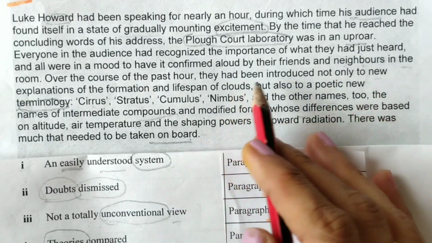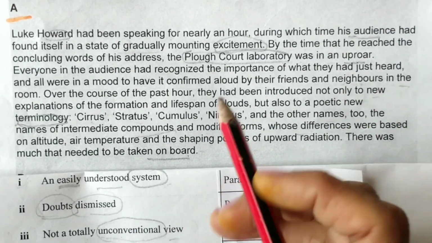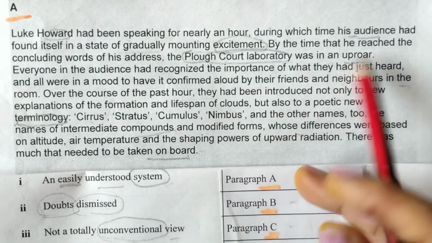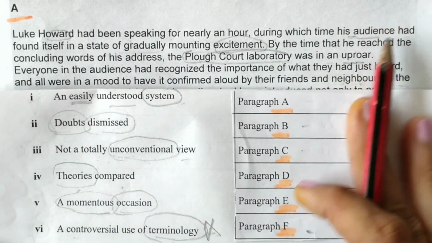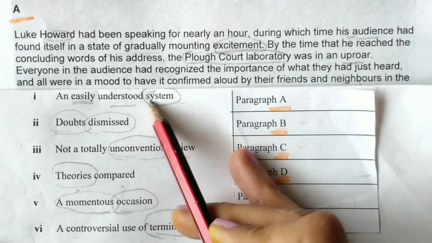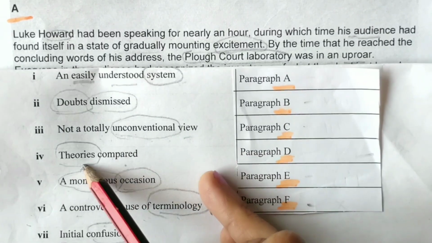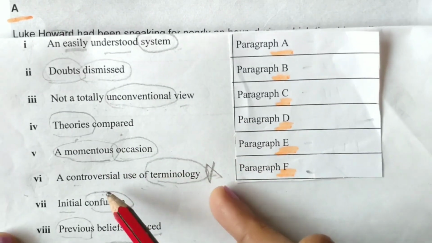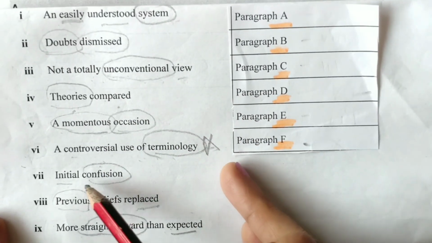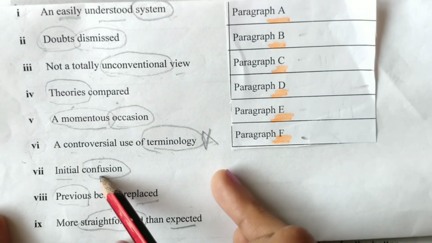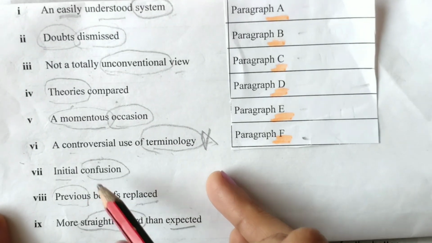Okay, so we have read everything. Now try to find the answer; just pause the screen. I will show you all the options. An easily understood system. Doubts dismissed. Not a totally unconventional view. Theories compared. Momentous occasion. Controversial use of terminology: we will not select this. Initial confusion: in this paragraph they were not talking about any confusion.